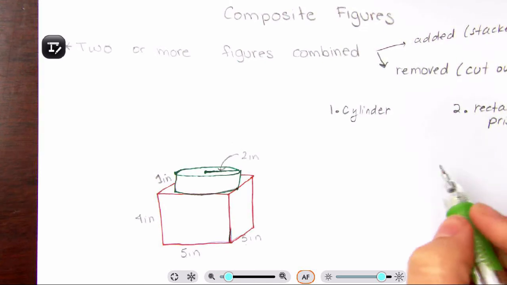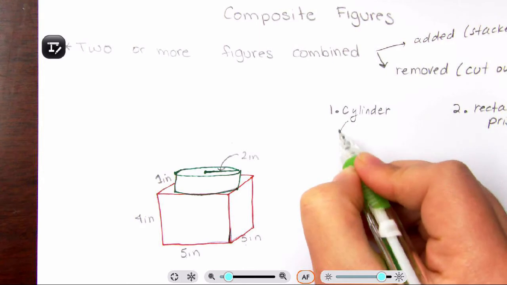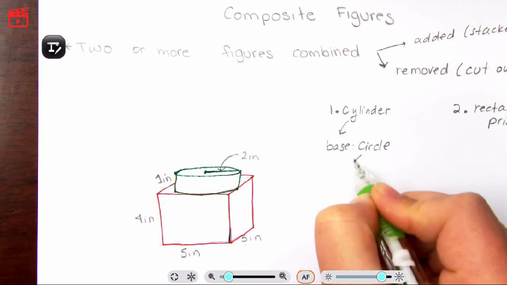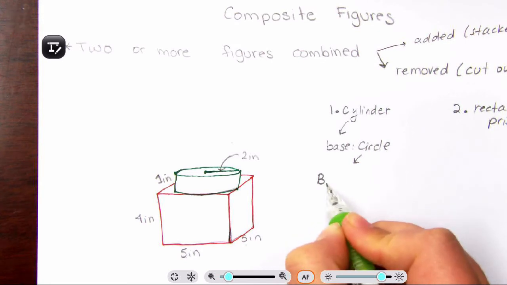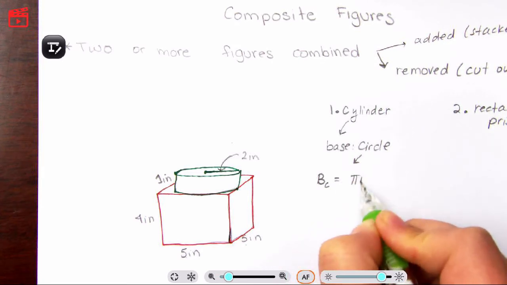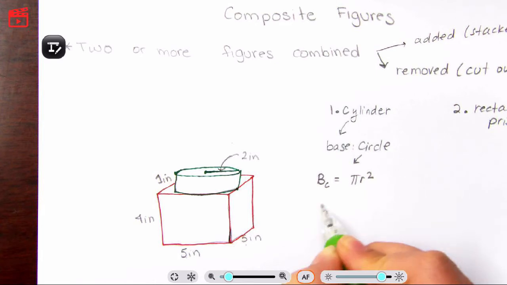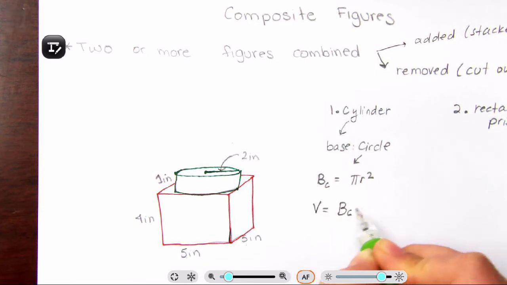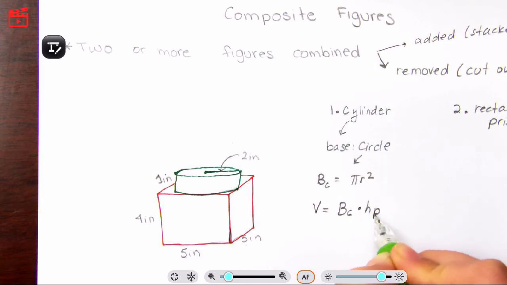Okay, so cylinder, we know the base is a circle. So we know that the area of the base of the circle is pi r squared. And then the volume is the area of the base of the circle times the height of the prism.